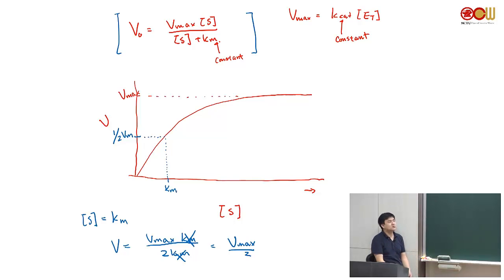Essentially what Km tells you is how much substrate concentration I need to get to the half maximum rate. The larger the Km, the more substrate concentration you have to give to this reaction in order for it to reach half the maximum rate.